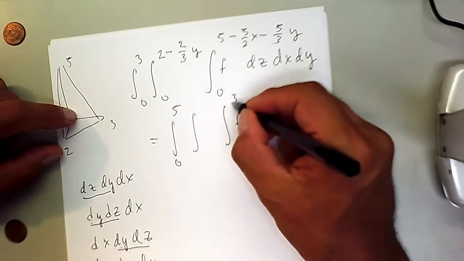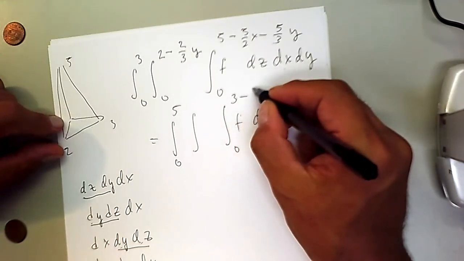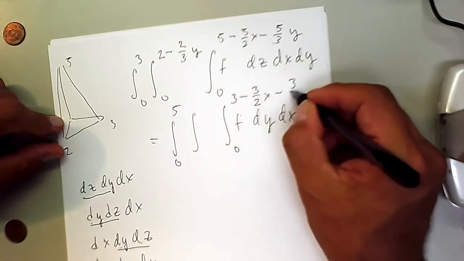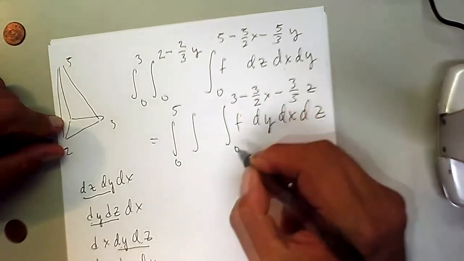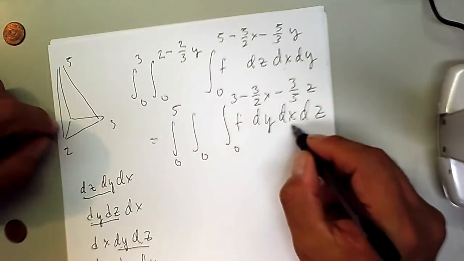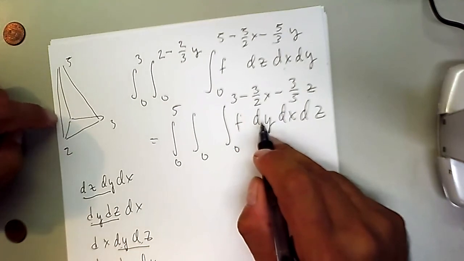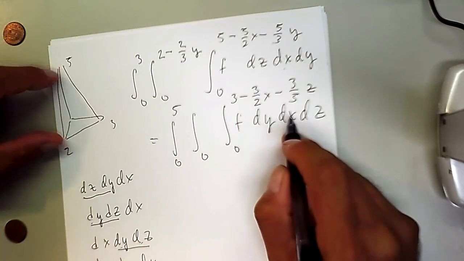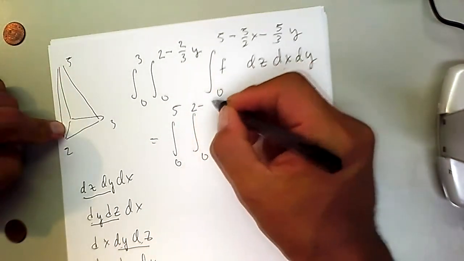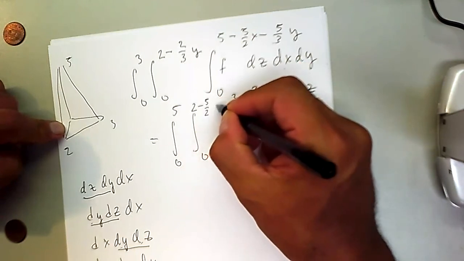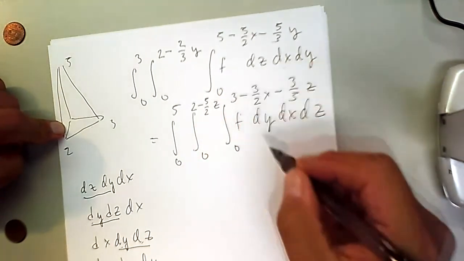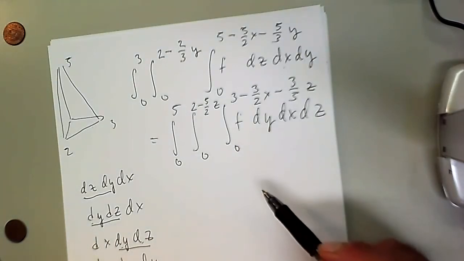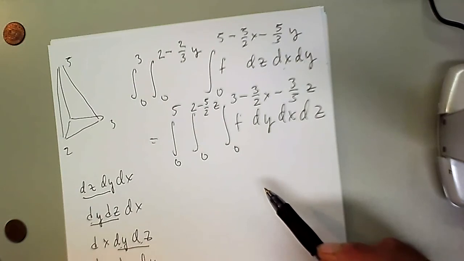And y can only go up to 3 minus 3/2 x minus 3/5 z. And then x, once y is gone, then we have 2 and 5. And x can go only up to 2 minus 5/2 z.